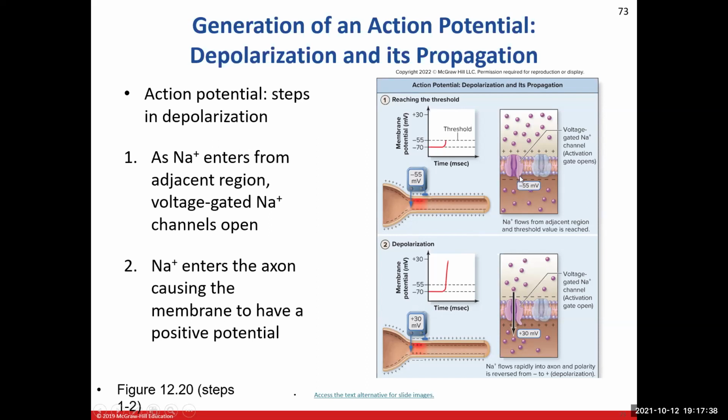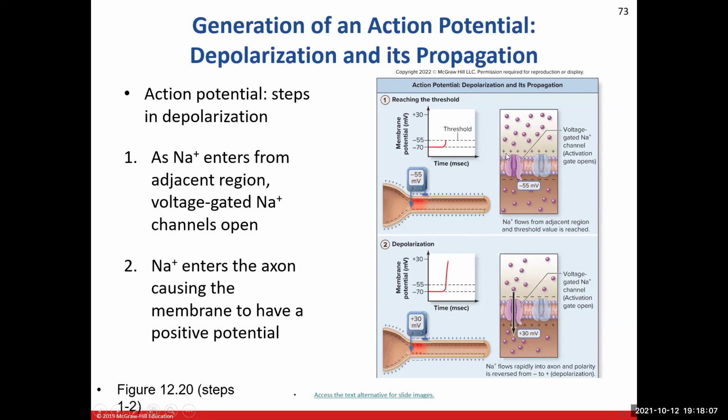As that gate opens up, sodium is now going to flow through that open channel, going down its concentration gradient, also getting pulled to the inside of the cell because it's negative inside there. Well, only for a brief moment, because so much sodium has rushed into the cell and brought its positive charge with it, it has changed the membrane potential to +30.